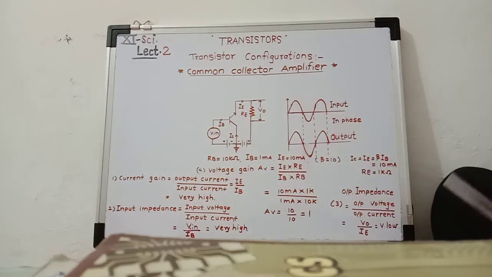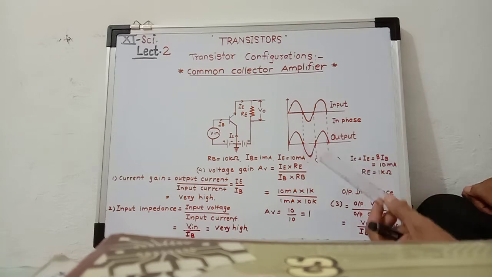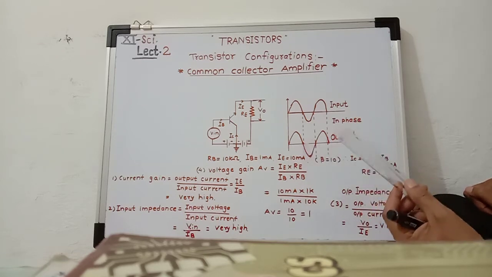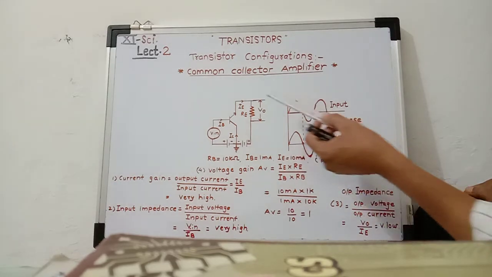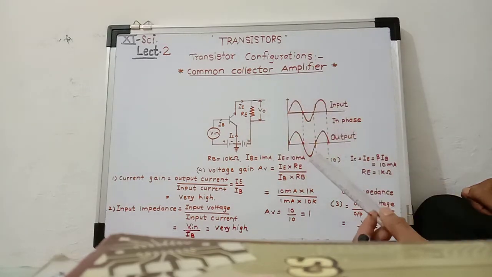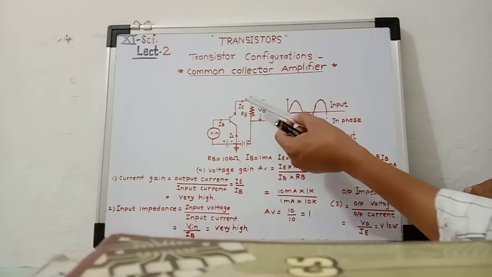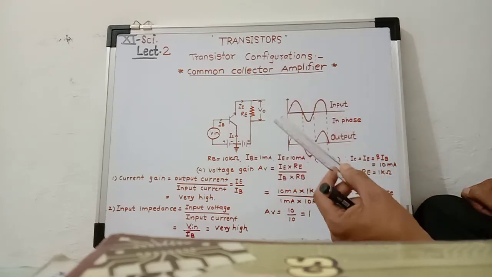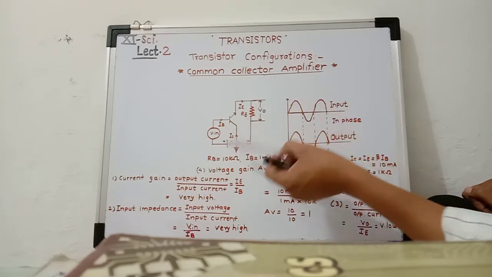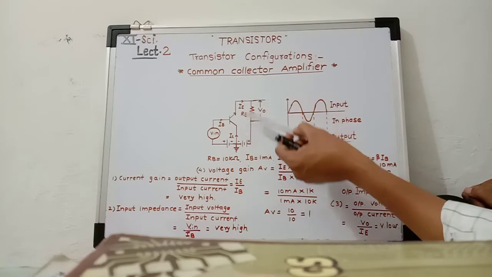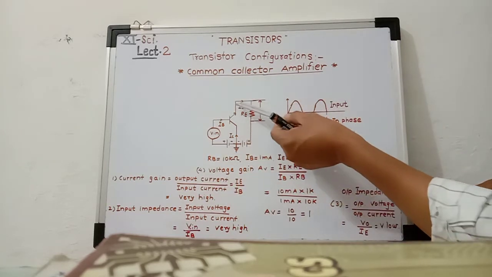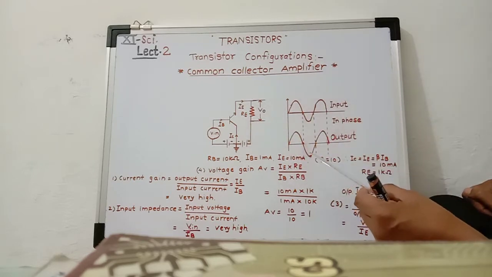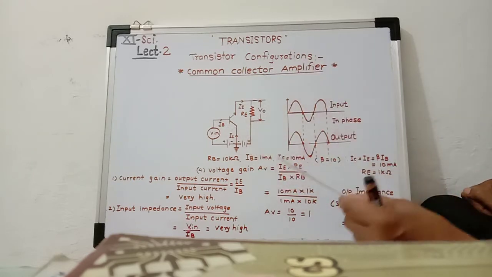Now, what is current gain? Current gain is the ratio of output current to input current. Output current means emitter current and input current means base current.